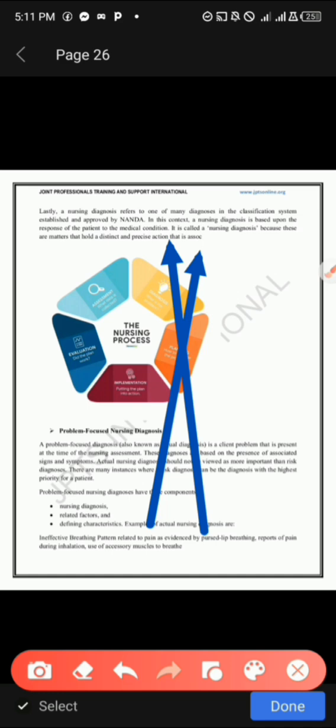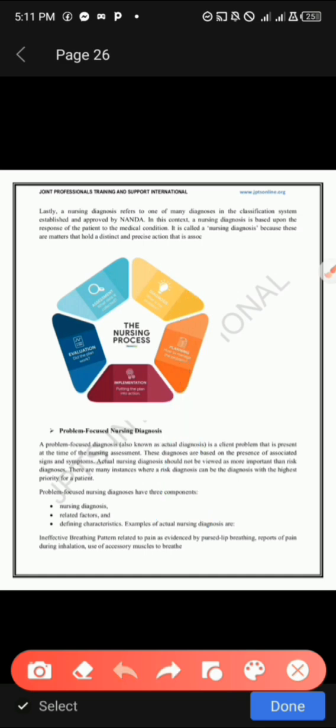The diagnosis. When you look at this diagram, you see the nursing process. Number one is assessment. The nurse needs to assess the patient to find out some things, to observe some things. Diagnosis. The nurse needs to examine, diagnose, and know the efficacy of drugs, whether it works or not. Planning.